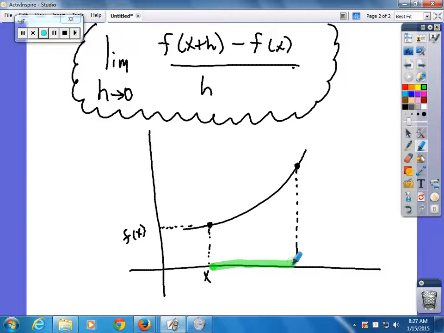And some people call that D, some people call it H, some people call it delta, whatever you want to call it. I'm going to call it H. Okay? So what is this point right here? Good job. So what is this y over here. F of x plus h.